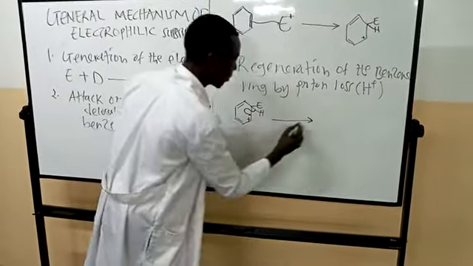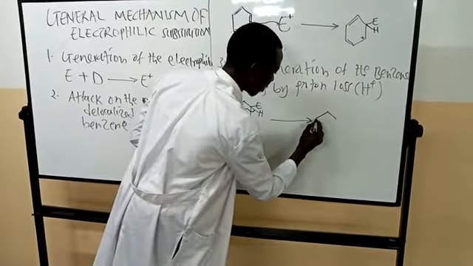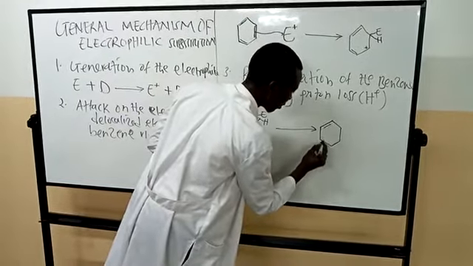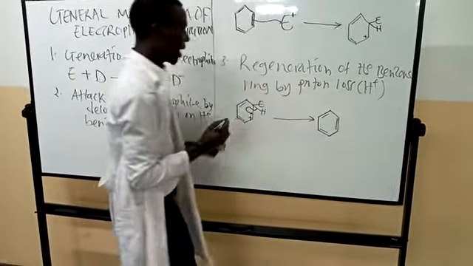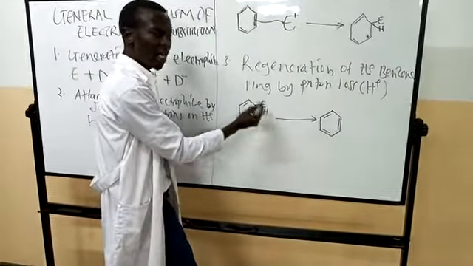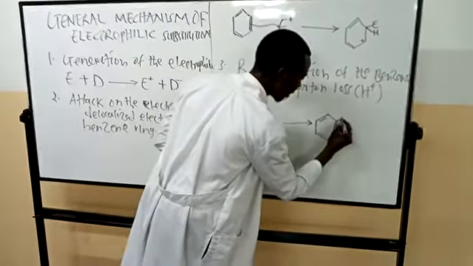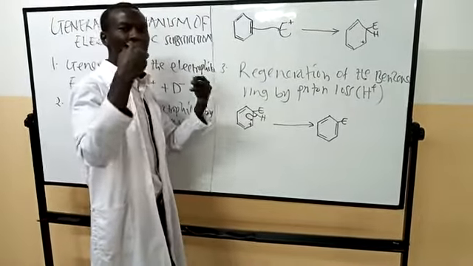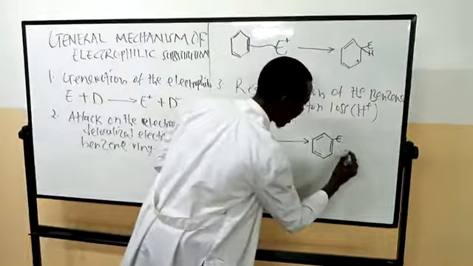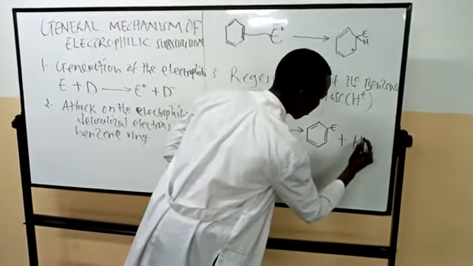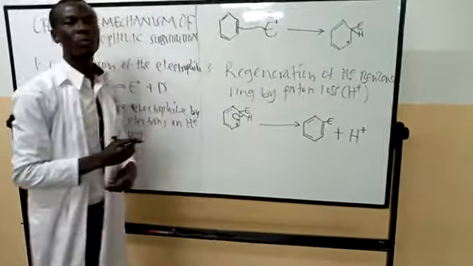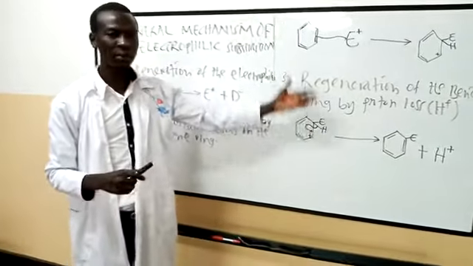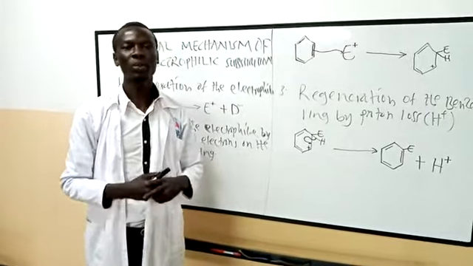We form our stable benzene ring, but with the electrophile attached there. So we have the electrophile there, but we have lost the hydrogen ion. Therefore, we write the hydrogen ion there. So those are the three major steps involved in electrophilic substitution reaction.